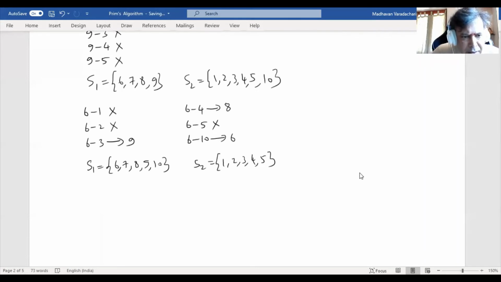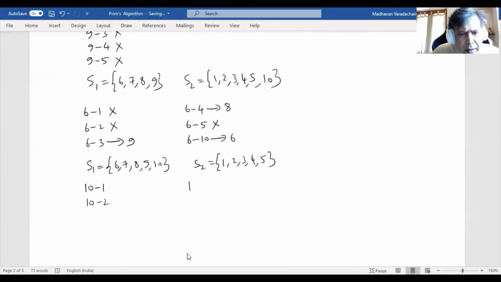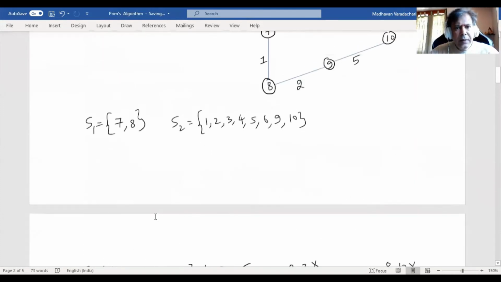So that means 10 to 1, 10 to 2, 10 to 3, 10 to 4, and then 10 to 5. Now, do we have 10 to 1?